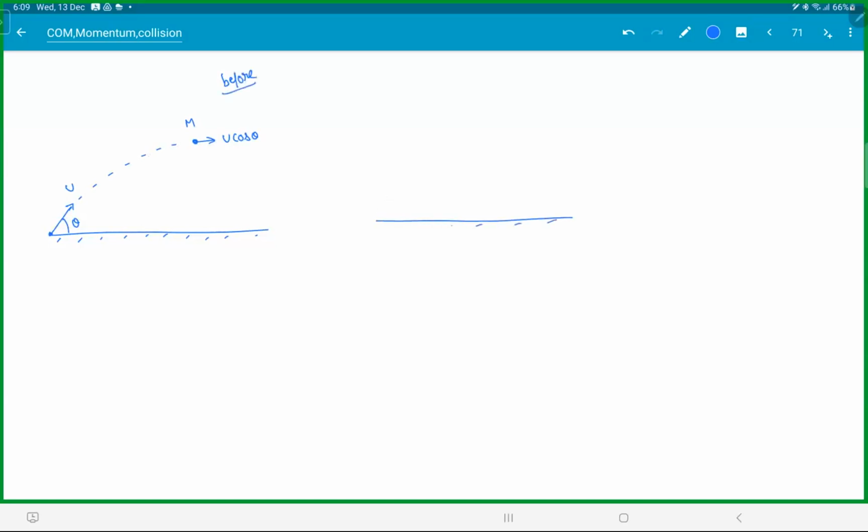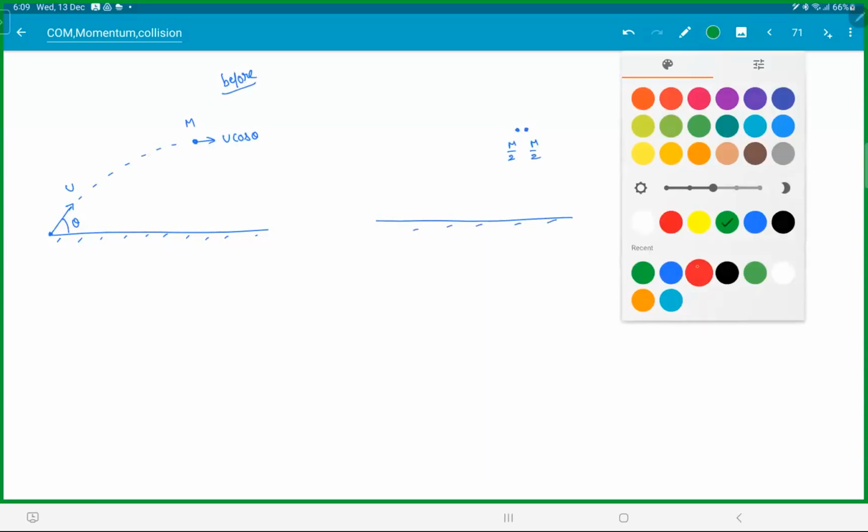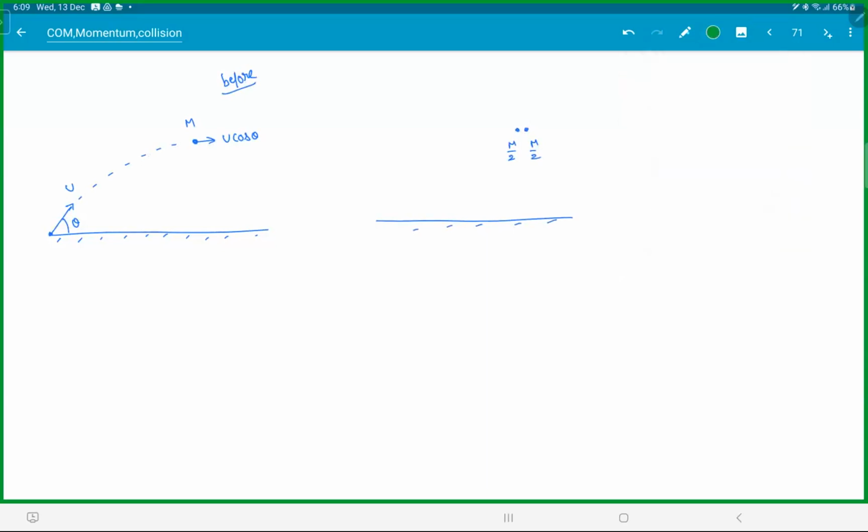So after explosion, this is divided into two pieces, m/2 and m/2. One of them retraces the path. Now think about it. If it came back the same way, shouldn't the velocity also be the same then? If you come with u cos theta, and you're going back to the same point, then you should have gone back with u cos theta.